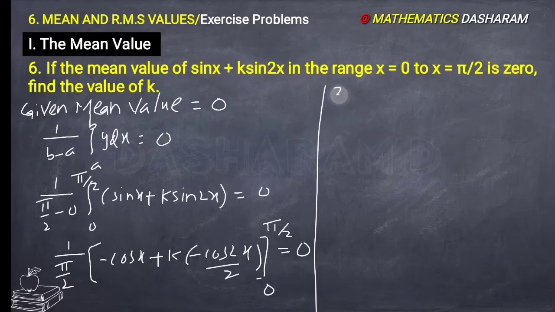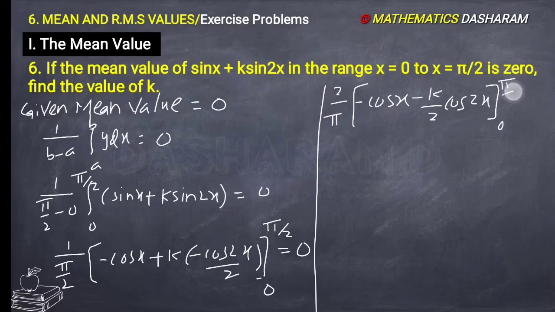Now 1 by pi by 2 is 2 by pi, and here minus cos x, next plus into minus, minus k by 2 into cos 2x, 0 to pi by 2 equals 0.